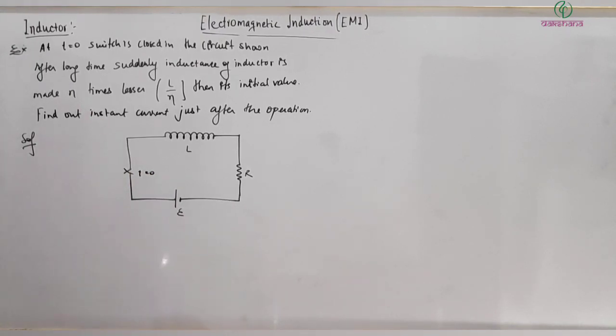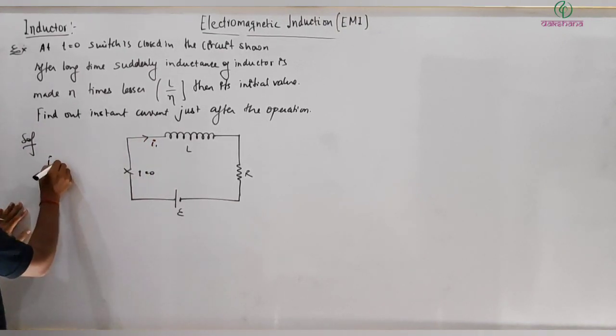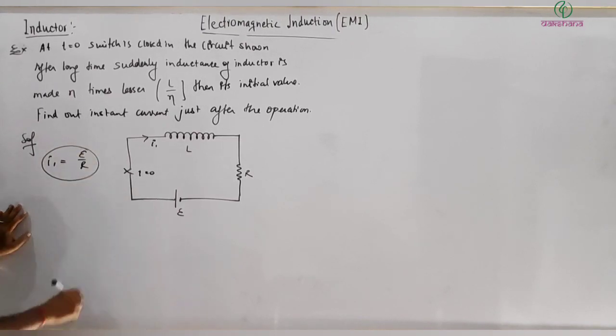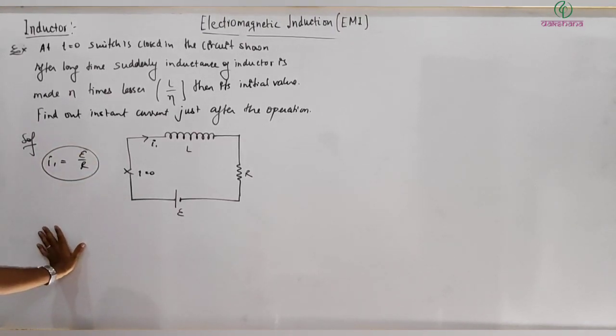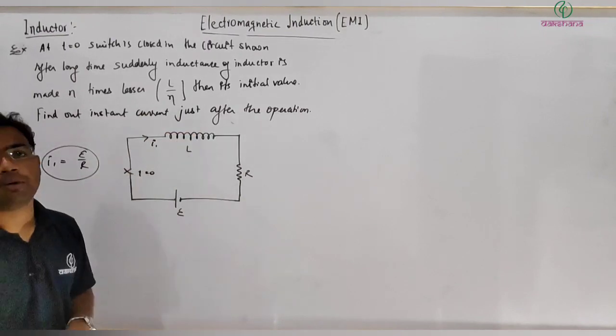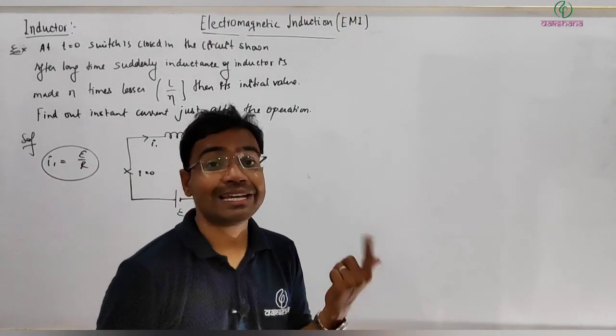Then in the circuit shown, after a long time, if I say this is the current, so what is the current? I1 is equal to E by R after a long time. The inductance of the inductor is made eta times lesser, that means L by eta than its initial value. Find out the instant current just after the operation. Which operation? When the inductance is made eta times less.